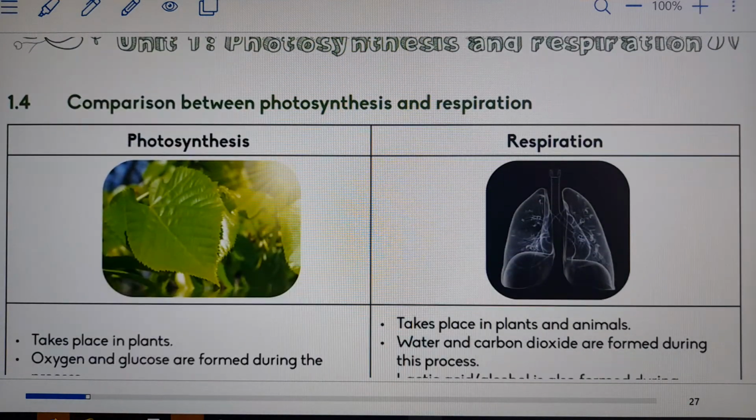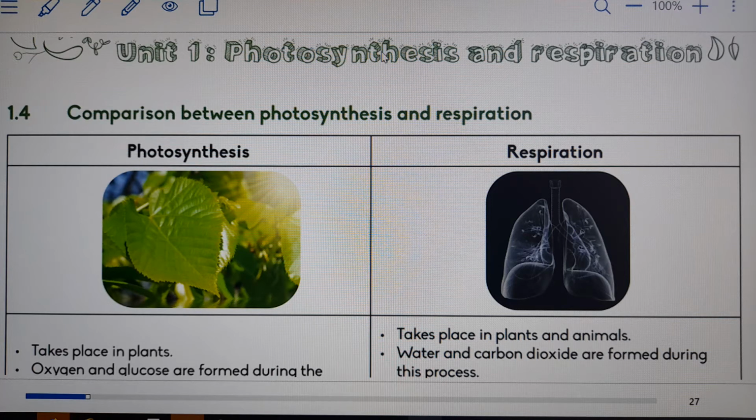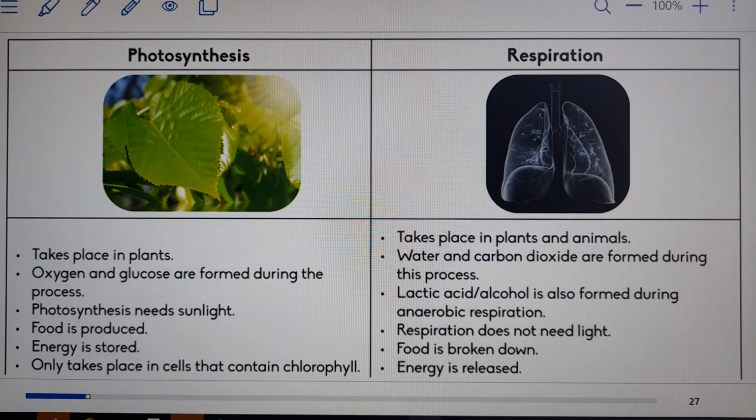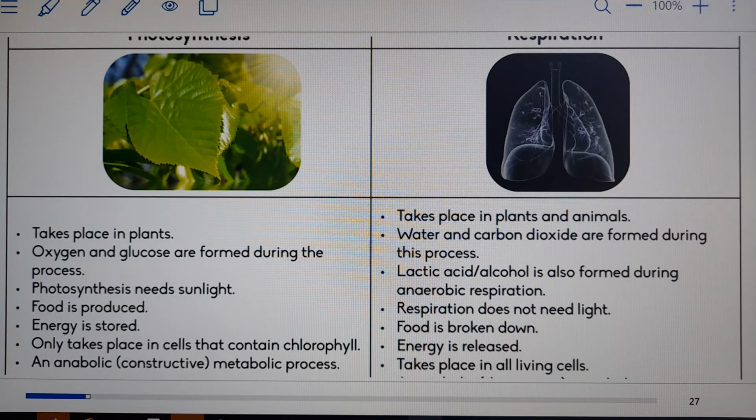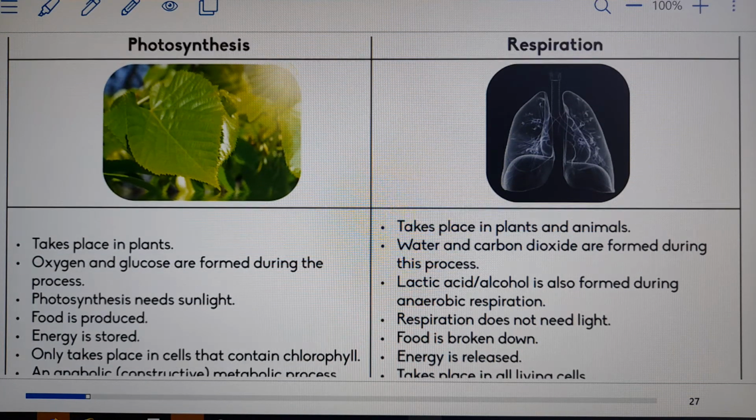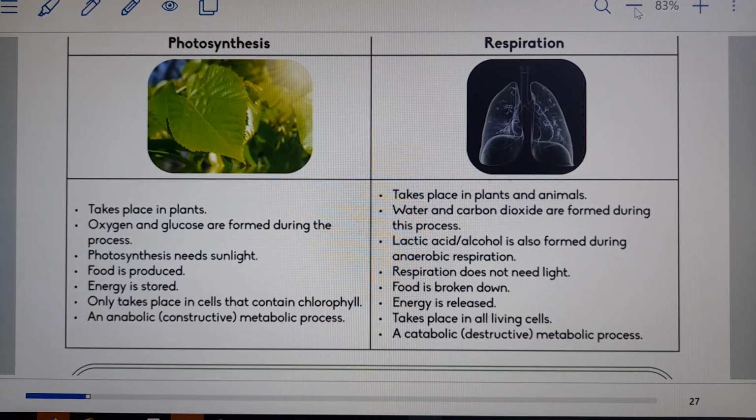Okay, now we compare the two: photosynthesis that we covered in our first lesson and respiration that we are covering within this lesson. Now we look at the two: photosynthesis in green plants and respiration in the lungs. Now let's look, and let's minimize that so that we can see.